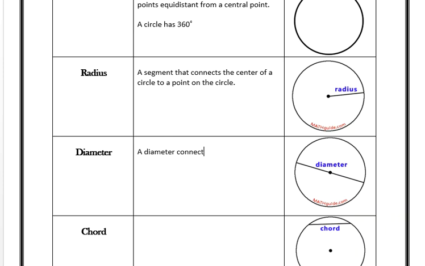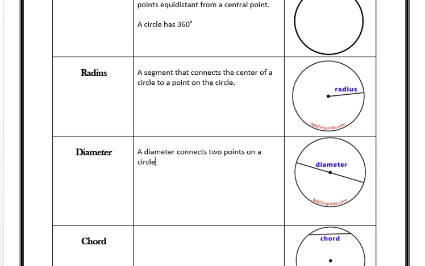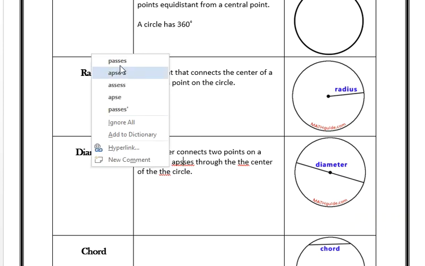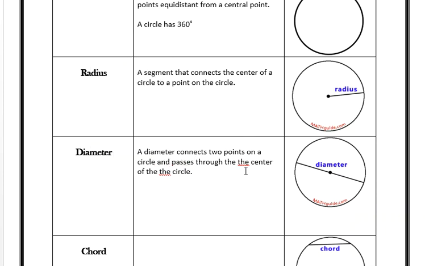A diameter connects two points on a circle and passes through the center of that circle. Sorry, just fixing those typos there.